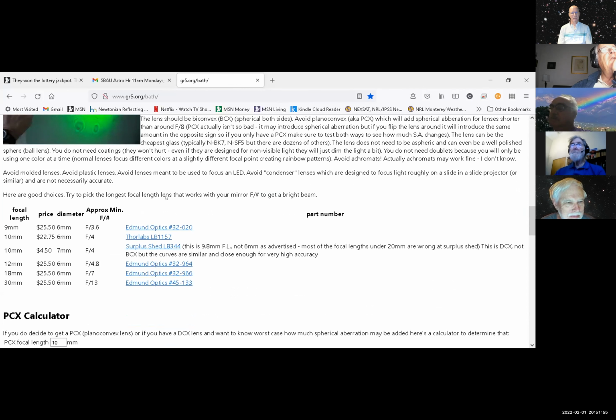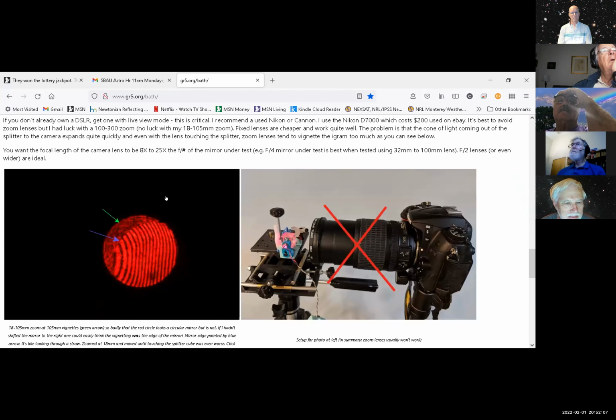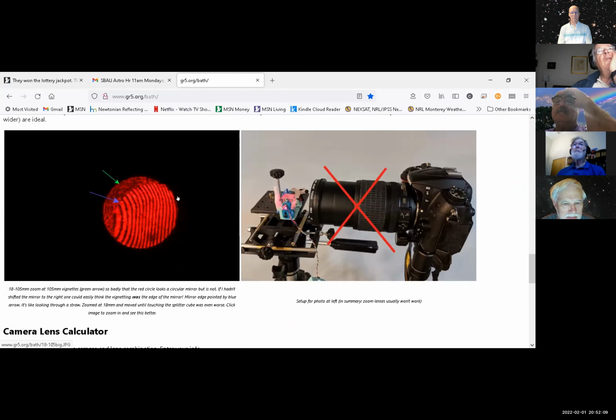So, selecting the diverging lens, mine's about a 9mm or 7mm. Okay, so this is the setup right here. He doesn't like you to use any old zoom lens. Oh, that's why the red X is there, that's a zoom lens.